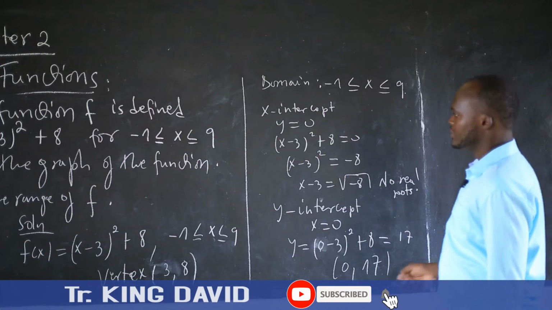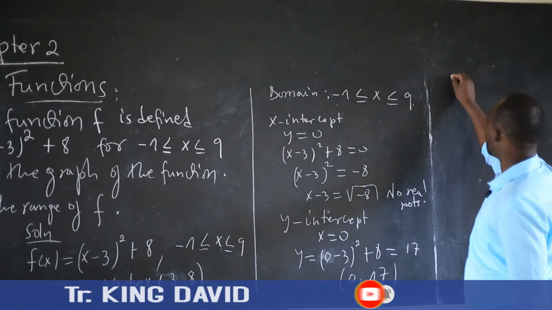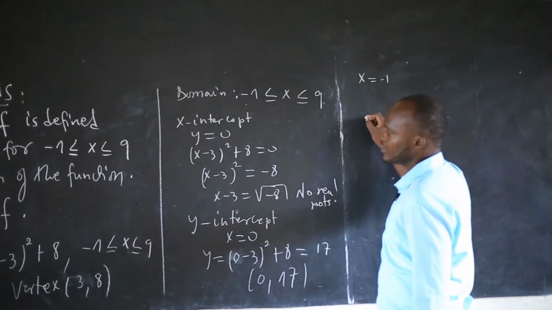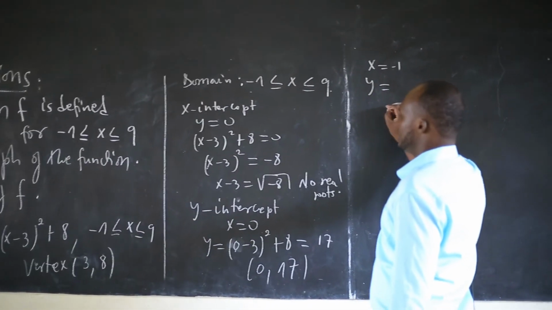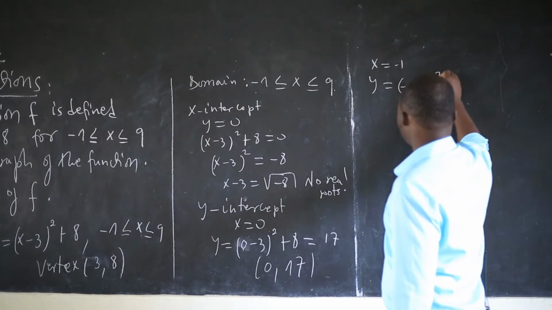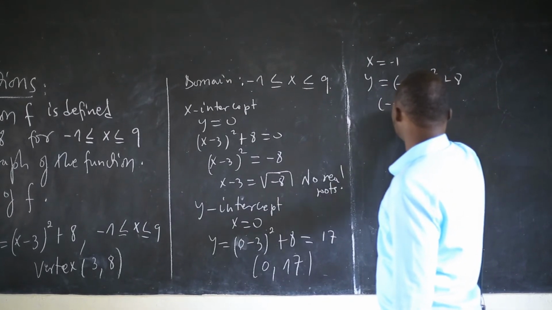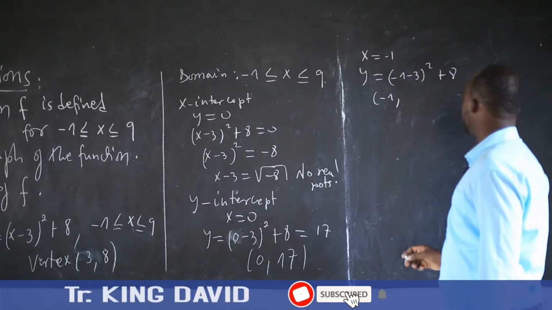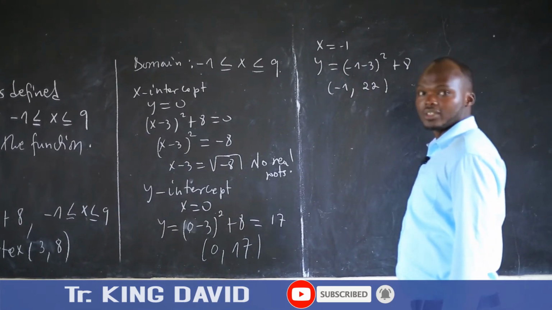And we need to get the minimum value and the maximum value. For x equal to -1, what is the value of y? So y will be equal to (-1 minus 3) squared plus 8. When x is -1, this is 16, plus 8 is 22.